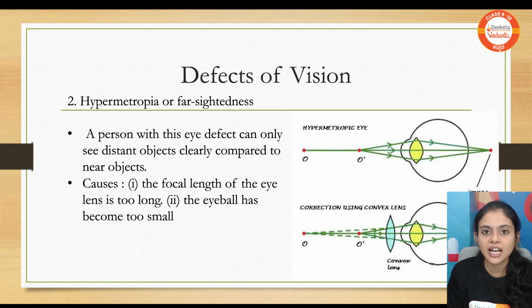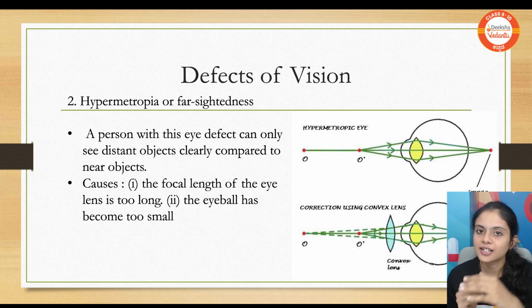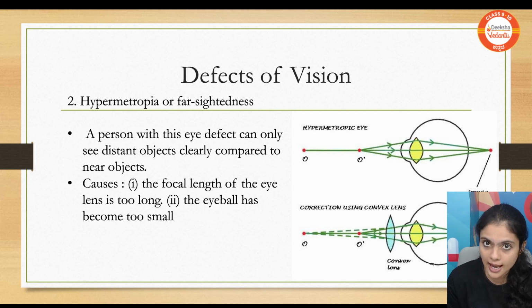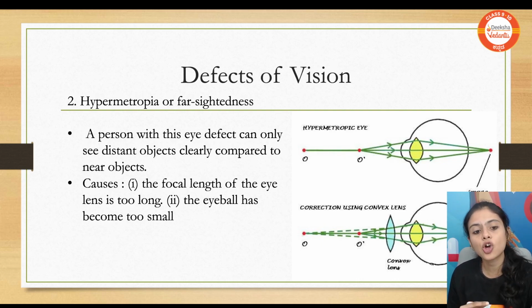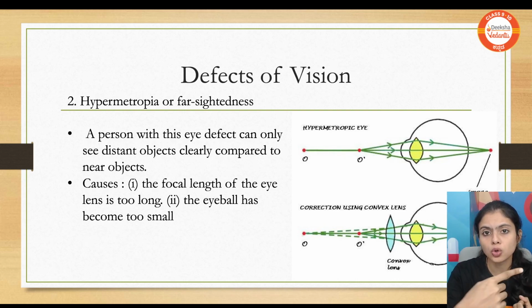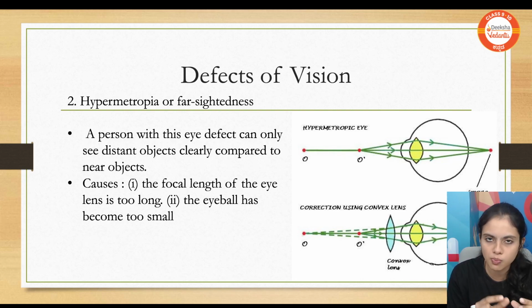Hypermetropia, a big name: you can see farther distances, but not objects which are near. A person with this eye defect can see distant objects clearly compared to near objects. It is caused due to long focal length, or the eyeball is too small.